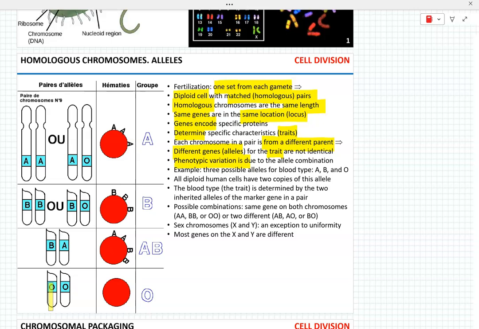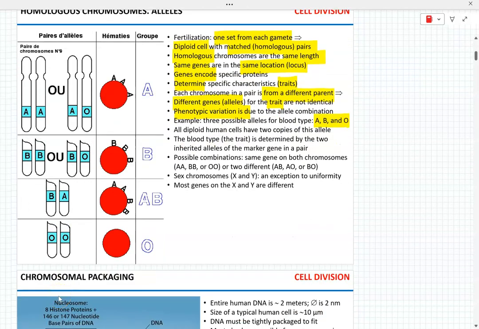In the blood group ABO, there are three possible alleles for the blood type, A, B, or O, which essentially encode certain carbohydrates on the surface of the red blood cells. All human cells have two copies of this allele. So the blood type, in this situation the trait, is determined by two inherited alleles of the gene of interest in a pair.